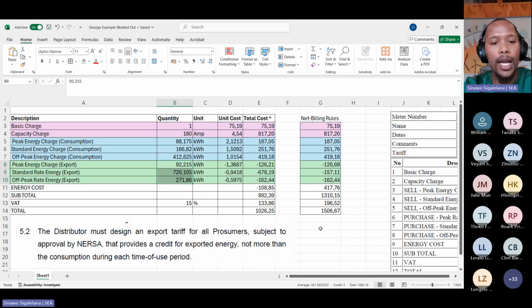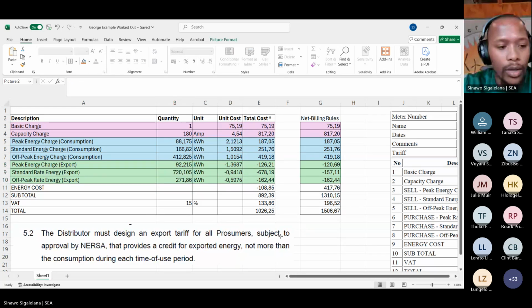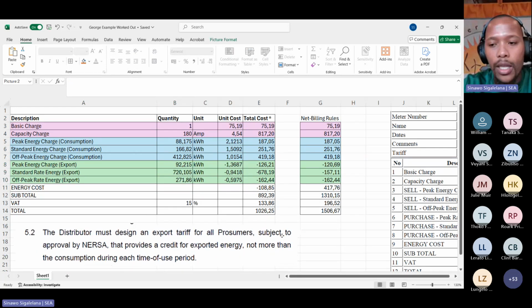But maybe think about how you set your export credits for the different seasons. You can potentially have a high export credit in winter, which maybe you might not like so much, considering all of the banked energy that's going to come from summer to winter. But the rules are not clear about that, Roak. So you must take a more sensible approach.